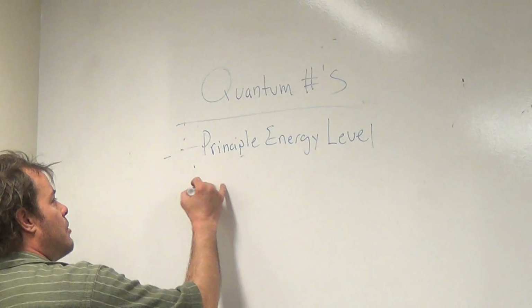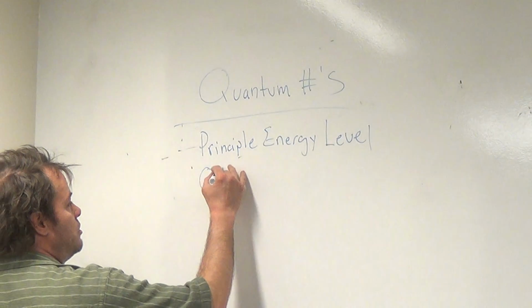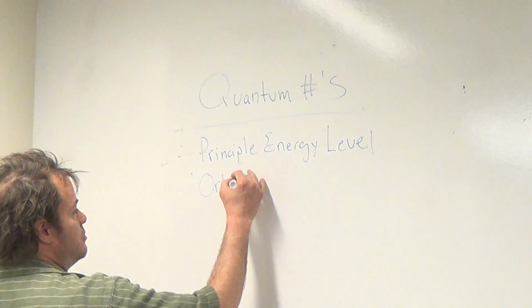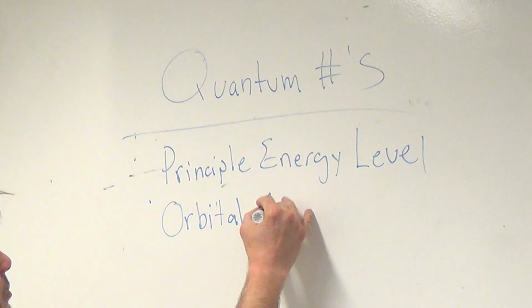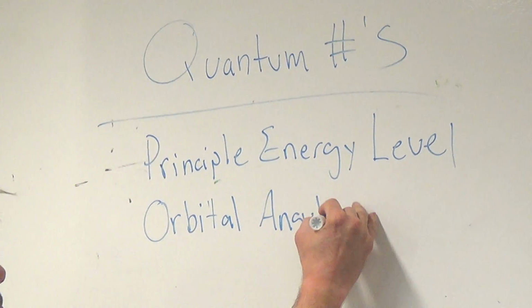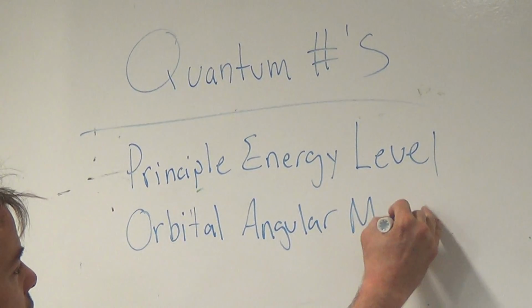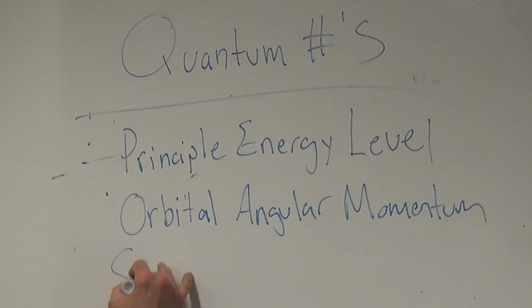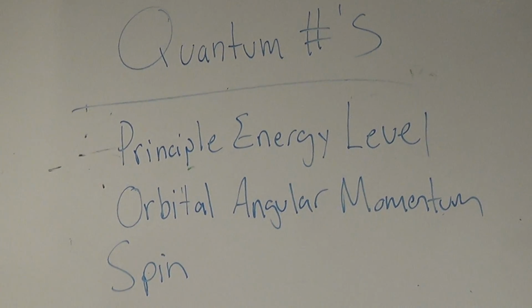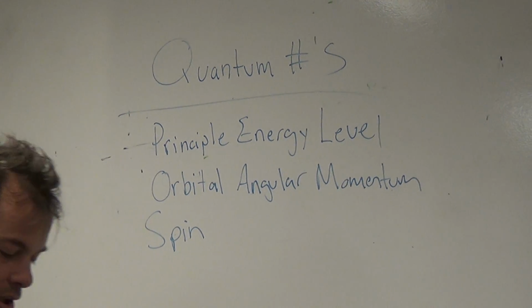We'll have a quantum number associated with the orbital angular momentum. And we'll have a quantum number for the spin, and we'll talk about all of these properties as we go.